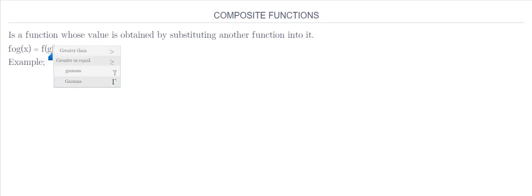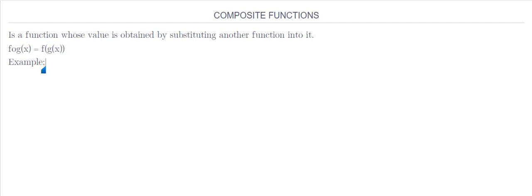Then g is also followed by a bracket of x, so you also put that in the bracket. So this is read as f of g of x, the same as f of g x. Both of the two are read in the same manner.